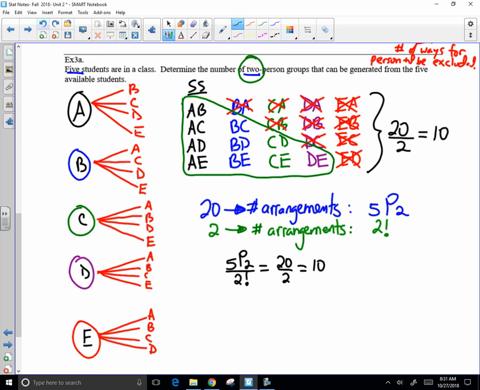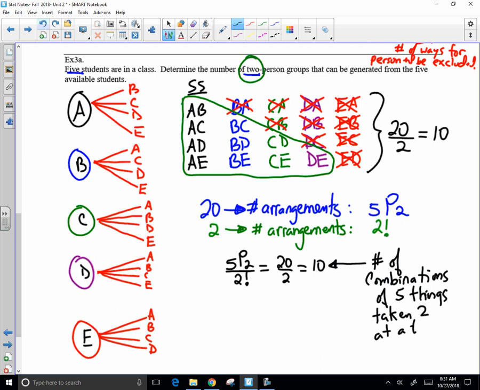Now, what this is, is the number of combinations of 5 things taken 2 at a time.